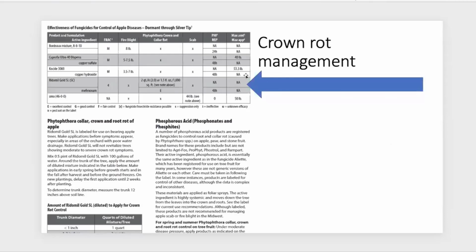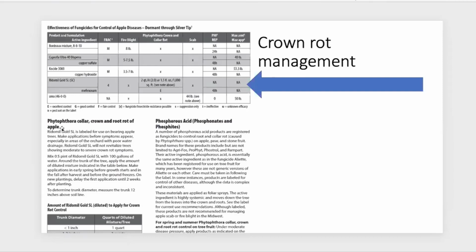For a long time, it was not made clear, and I think they got called into accounting on this. And the pre-harvest interval for using Ridomil Gold, which is labeled for crown rot, is 1 year if it's a bearing apple. So you can use it for non-bearing apples, but you cannot use it on bearing apples.